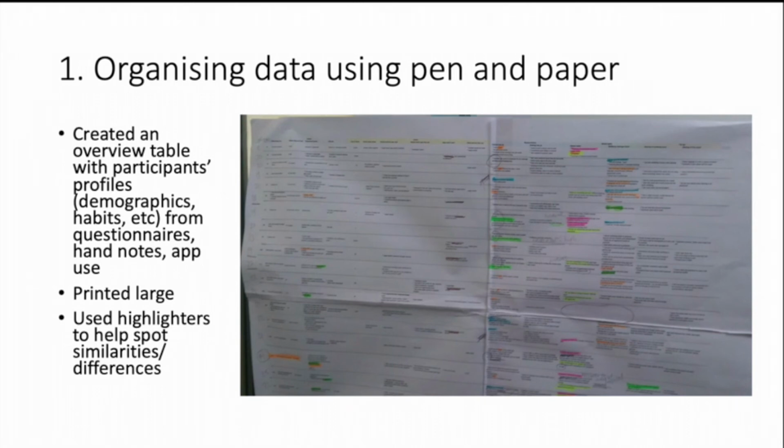I created an overview table where every row is a participant, which included demographics, habits about their physical activity, answers from the questionnaires, integrated with handwritten notes we took during the interviews, any corrections or explanations they provided, and general app use.